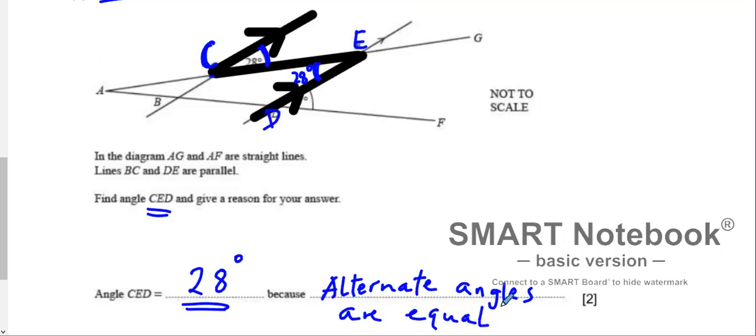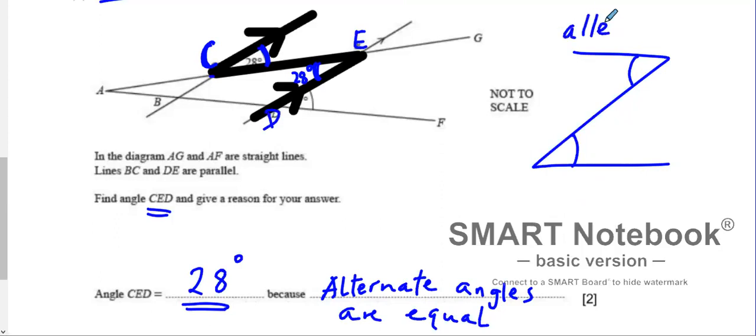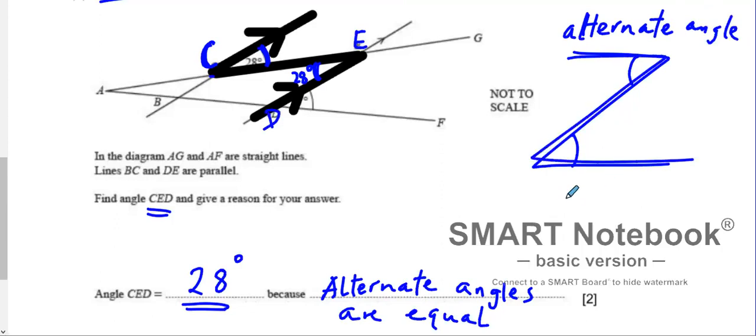So when you get a shape like Z, that means you'll be getting something we call alternate angles. So for alternate angles, look for a shape like Z. Now Z can be either something like that, but still Z is Z, provided that this line and this line are parallel.